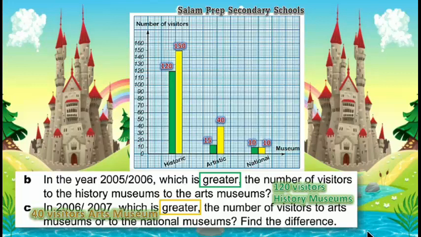To find the difference between the greater number and smaller number, okay, the greater number is 40, the smaller number is 10, okay, so 40 minus 10 equal 30 visitors.